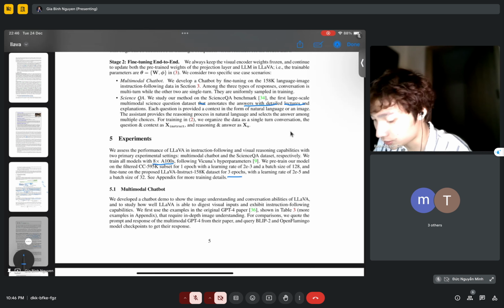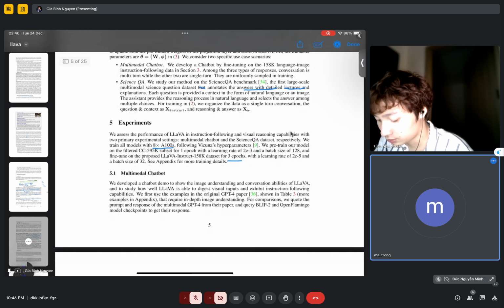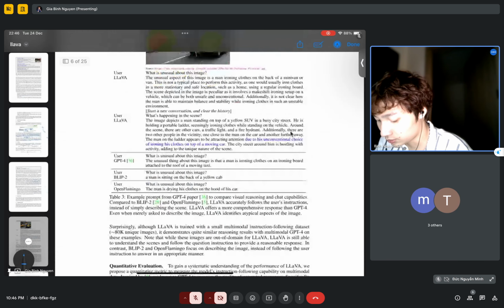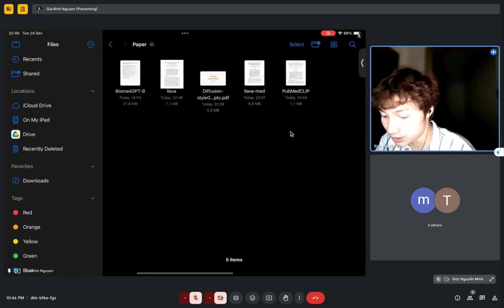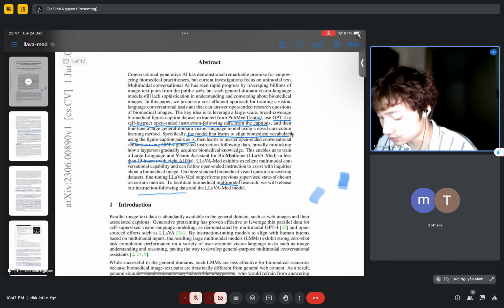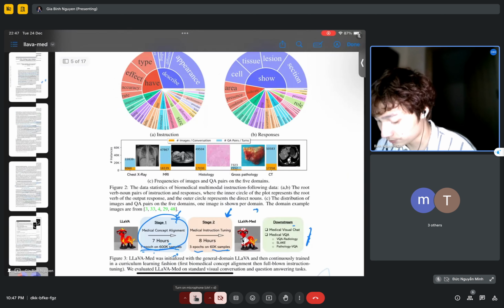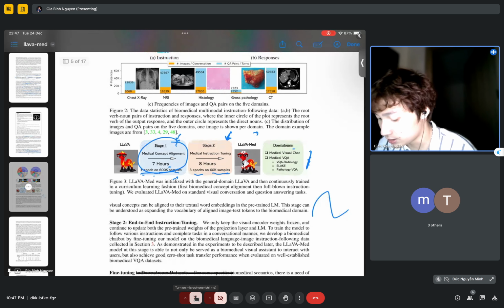So when they use it for inference, how is the hardware changed? I do not have information about it. Let me find out if LLaVA-Med mentions it. Here it turns LLaVA into LLaVA-Med in 15 hours.